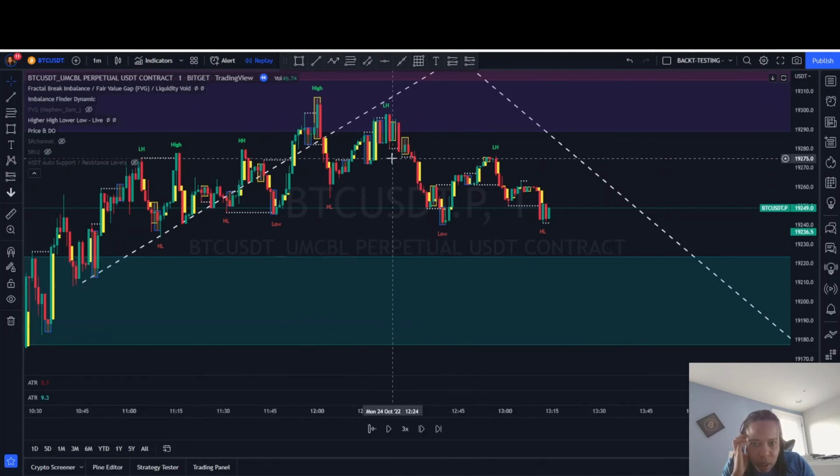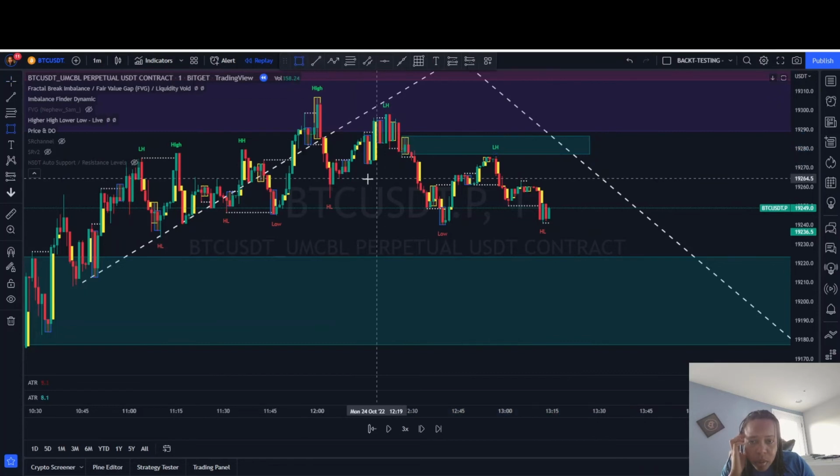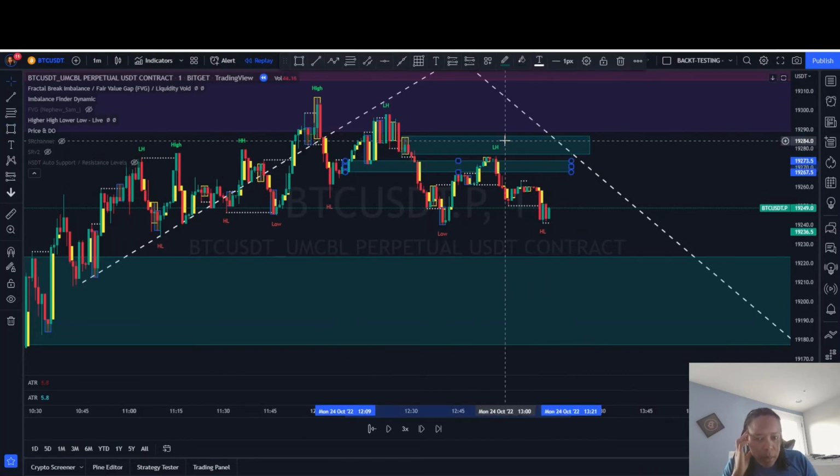Rejected, rejected. Here's a nice break area, right? And it has this failed order block below it, which has become a breaker block. So that seems to be where price has wanted to roll back in.